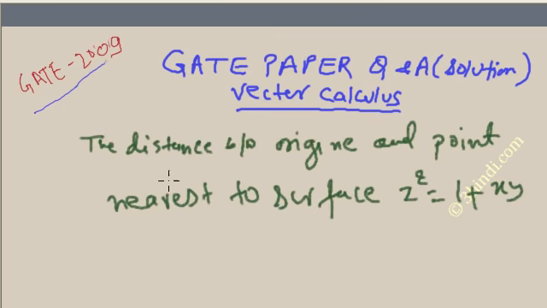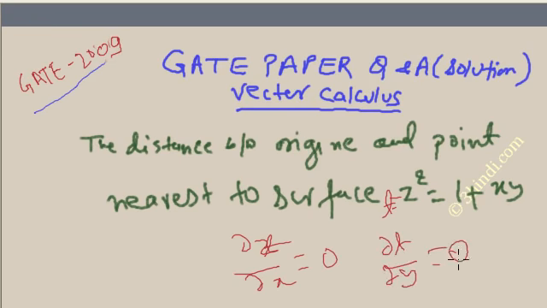This is another question. The distance between the origin and the point nearest to the surface z square equals 1 plus xy, what is the value? You know that to get the nearest value, suppose z square is equal to t, so del t by del x should be equal to 0, and del t by del y should be equal to 0.